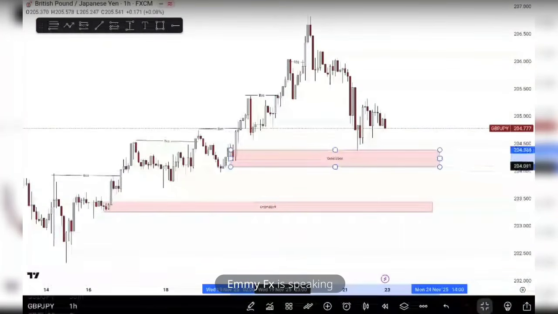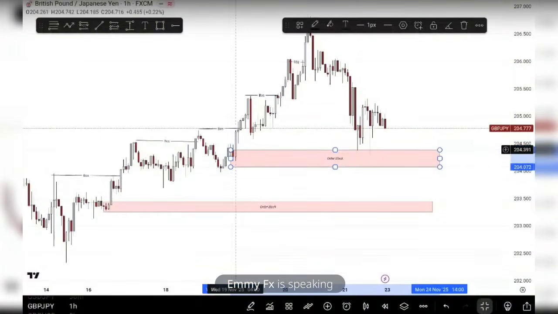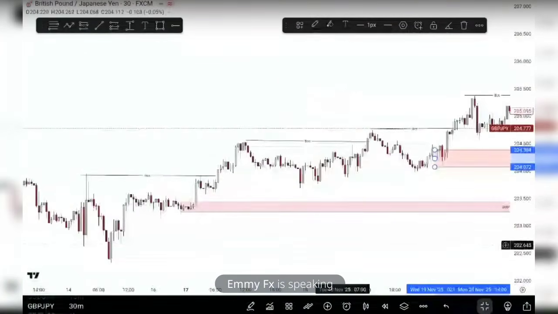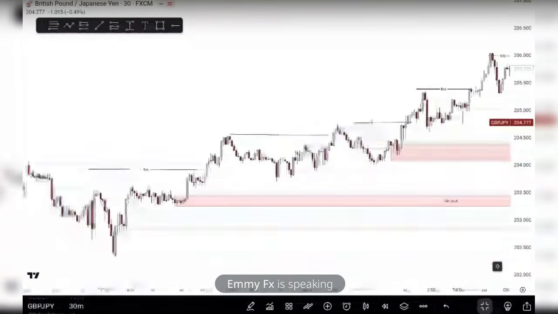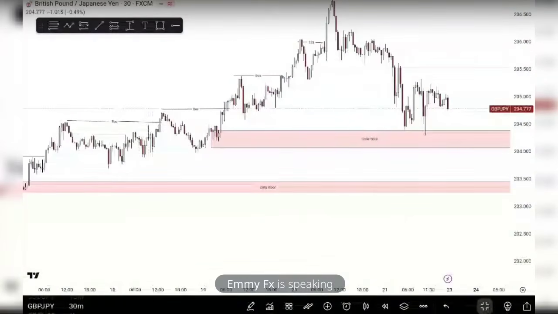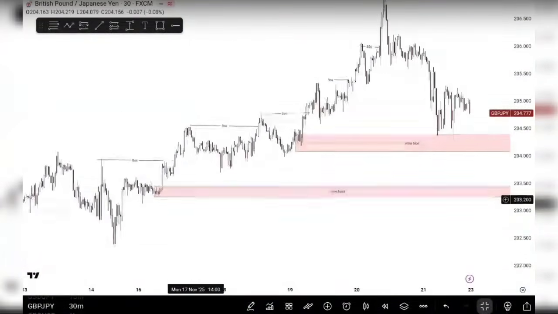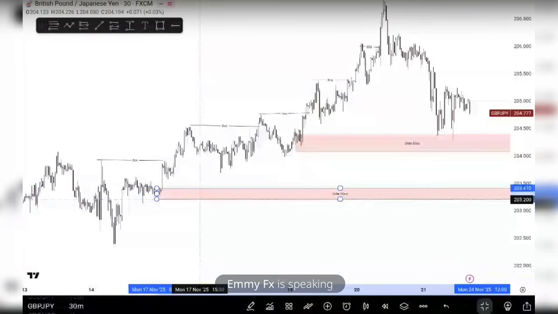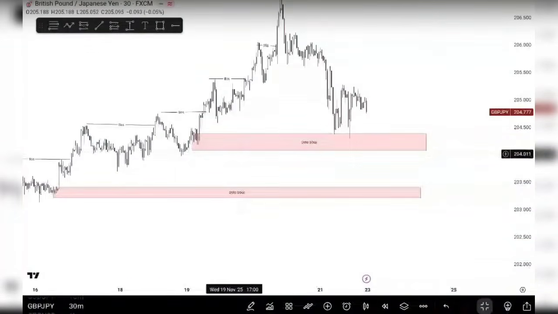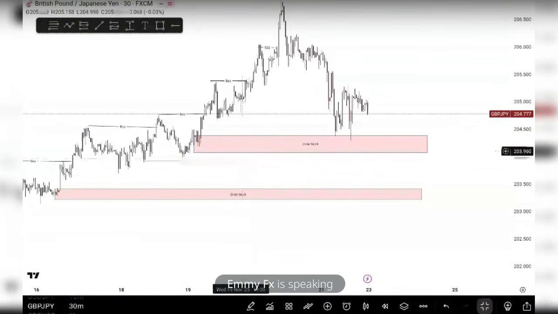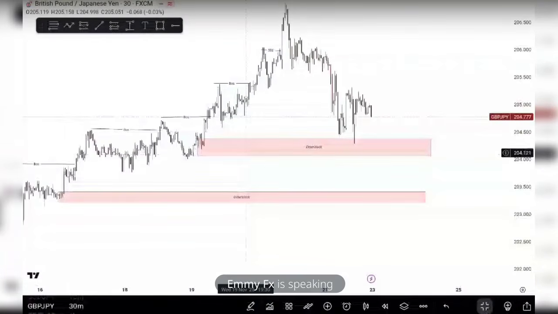So price reacted up from this order block. It also wants to move to the downside. In our 30 minutes, we have this point. Price also reacted up from these points.